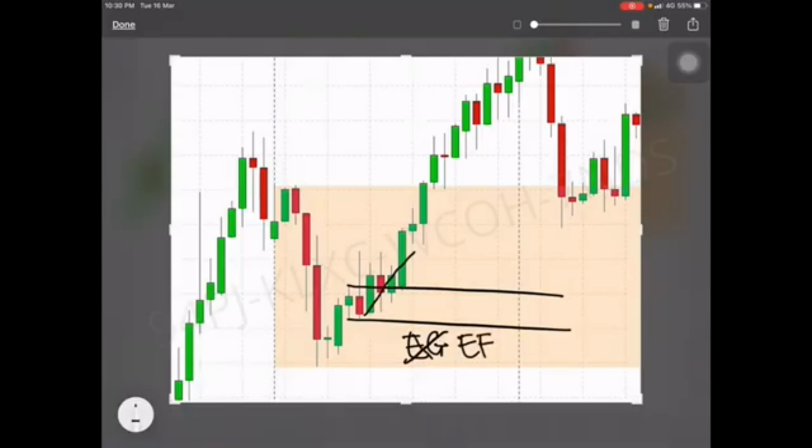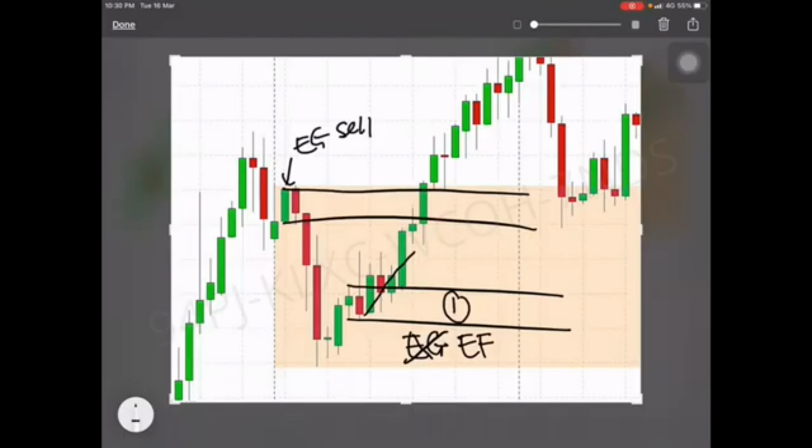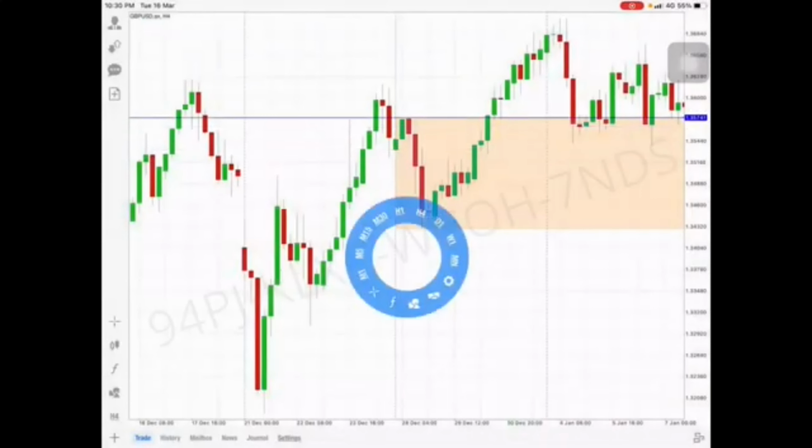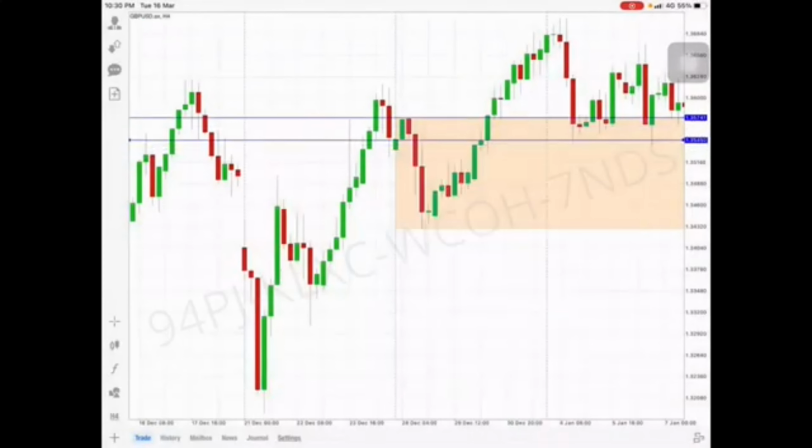So this zone is for buy. You have one zone right here and another EF right here. Engulfing sell, but the price broke upward, so it has become EF. So now the zone is for buy. We are going to mark those two zones. I'm going to mark that zone, and this zone right here.